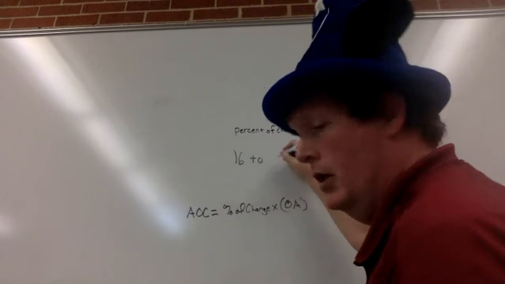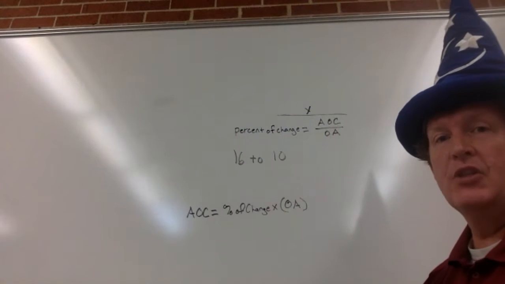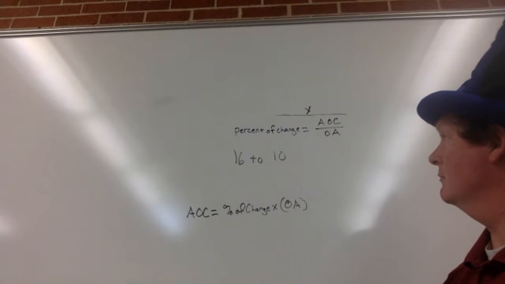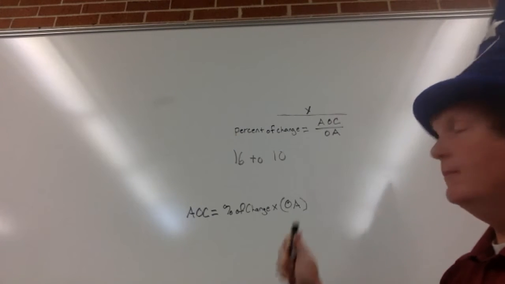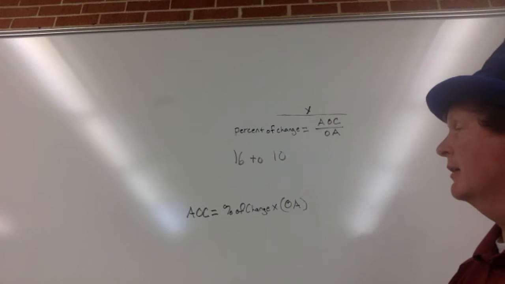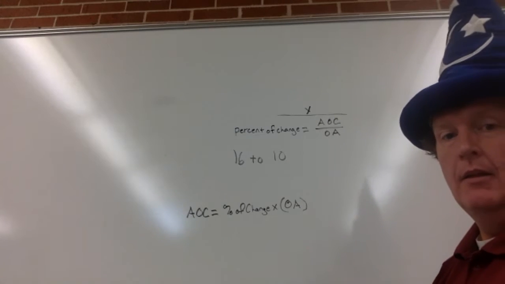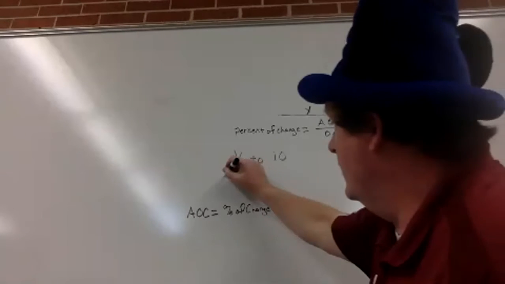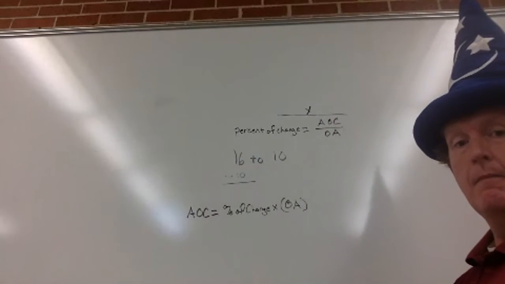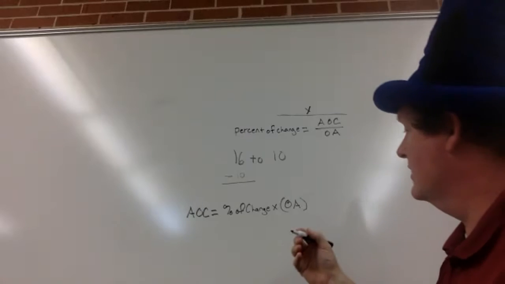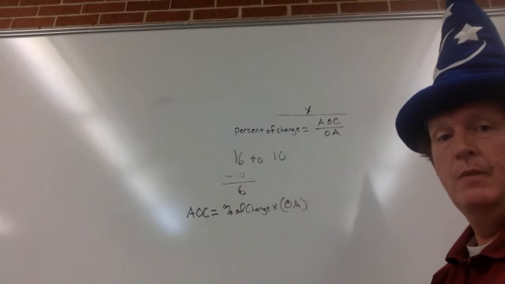16 to 10. Okay, Addison, what's the first step? Divide them. Nope, we're going to subtract, right? First step is always subtract. The smaller one taken away from the bigger one, right? So 16 minus 10, answer is 6.